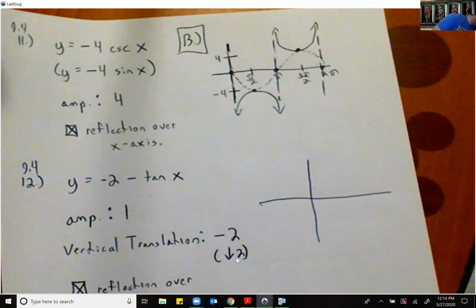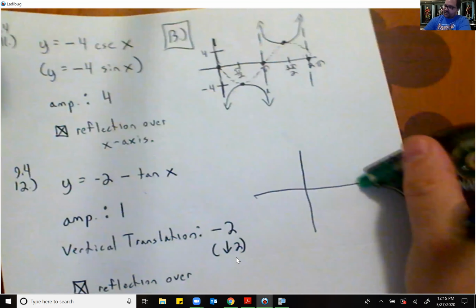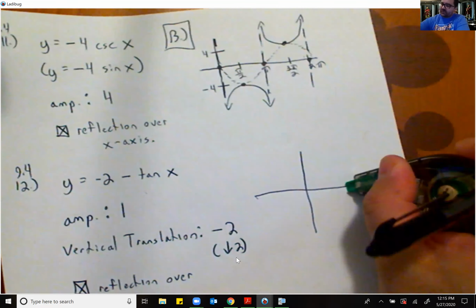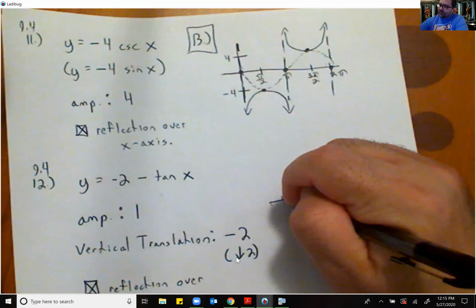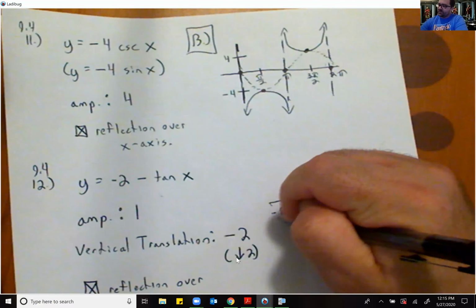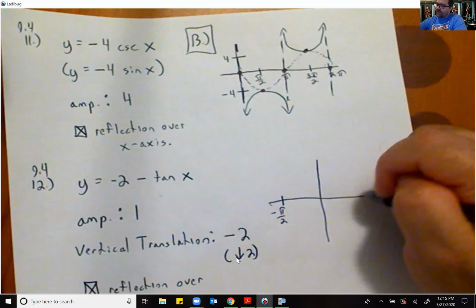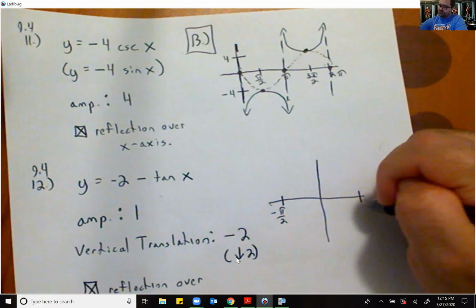so you know, tangent and cotangent graphs, they look like cubic graphs, okay? Now, what's interesting about tangent is the tangent graph actually starts over here at negative pi over 2 and ends over here at positive pi over 2.